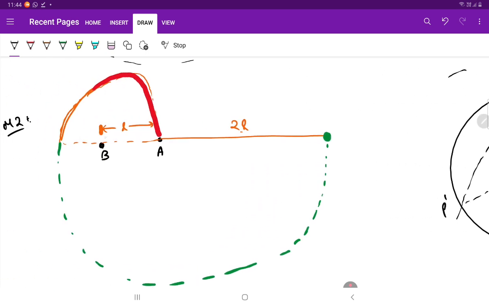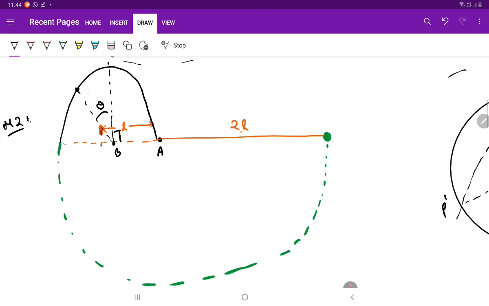Now, considering this to be the vertical, this is my circle, and I'm shifting the point B a little so that the diagram looks good to scale. This is the point where it leaves, at theta.